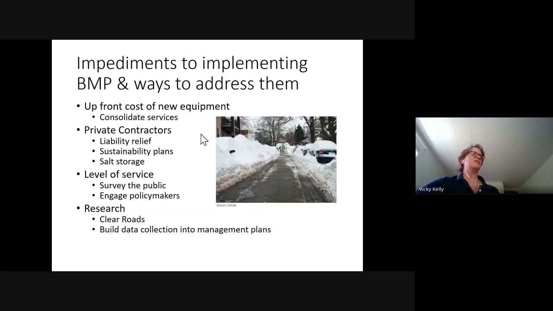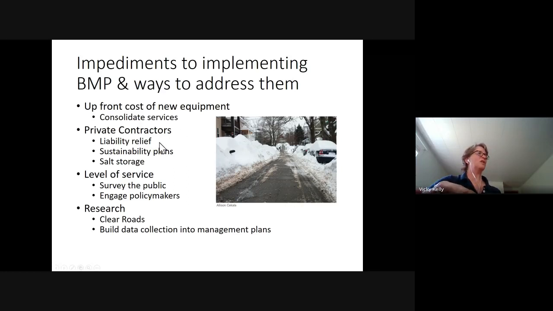We recognize that there are some impediments to implementing these best management practices. So we identify those and we make some suggestions for how to address them. First of all, a lot of municipalities can't afford the upfront cost of new equipment. So we suggest the possibility of consolidating services with other municipalities or with different levels of government. Private contractors are a big black box. We really don't know what they're doing. They, in fact, have a disincentive to reduce the amount of salt they use.